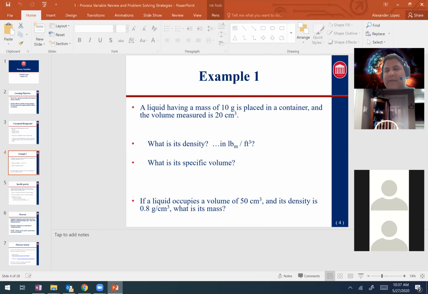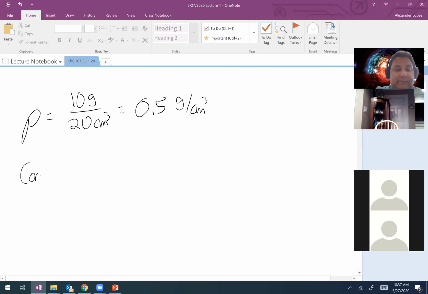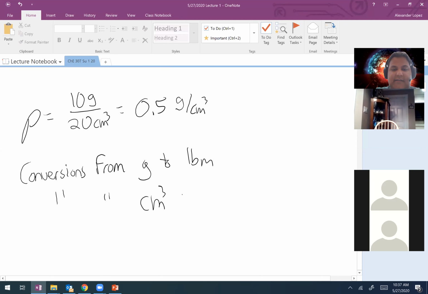However, if I wanted to know what that density is in pound mass per cubic feet, I would have to consider what the conversions are from grams to pound mass, and what the conversions are from cubic centimeters to cubic feet.